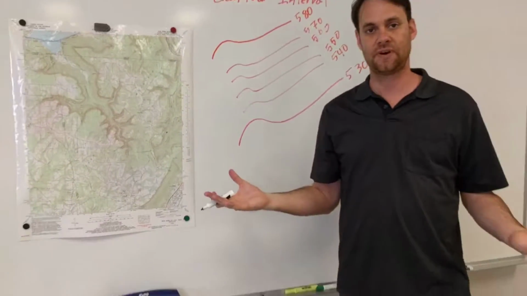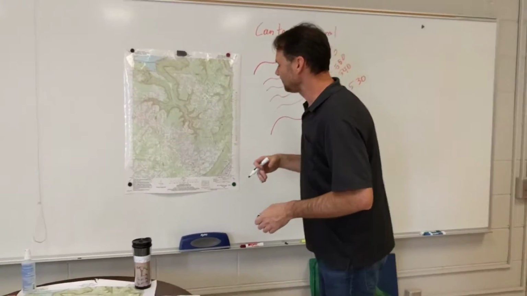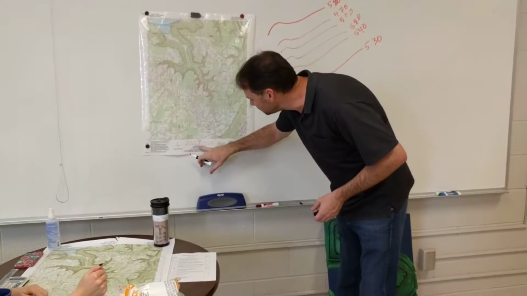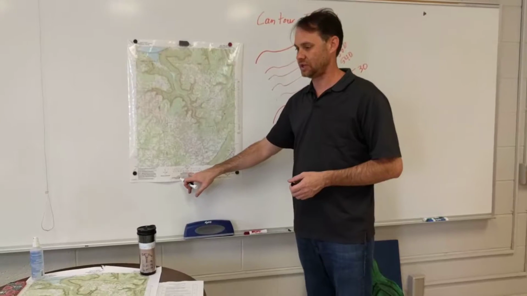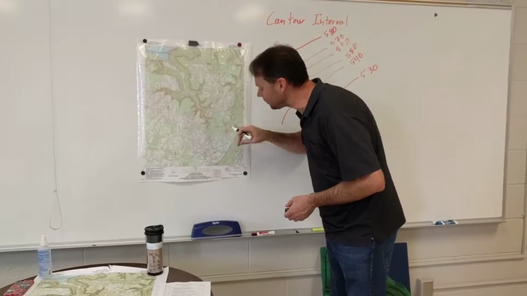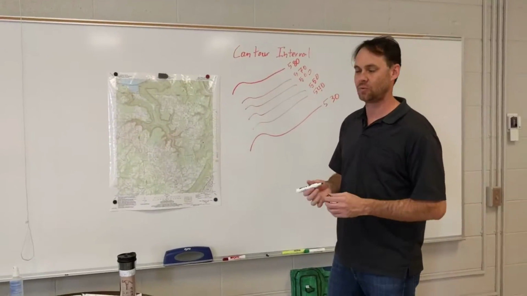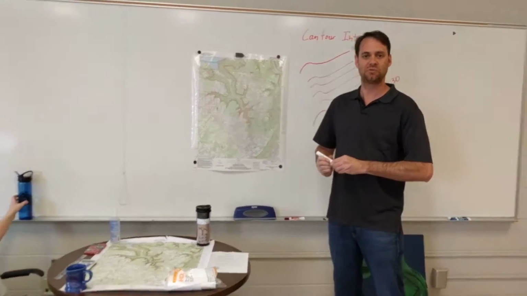If we have 4 sets of 5, how many contour lines is that? 20. 20 times our assumed 5 meters equals how many meters? 100, and we have one at 450 and the other at 350. The difference is 100. Magic, right? It works. Science is a beautiful thing.